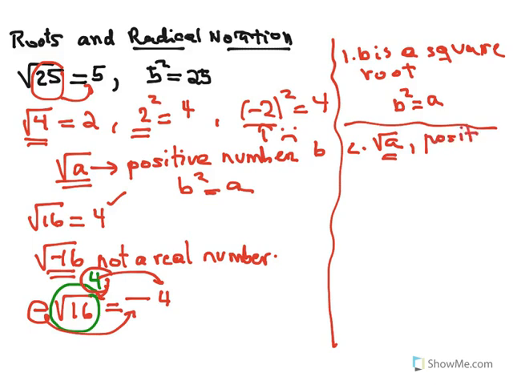Okay? It has to be positive. So the square root of a is positive, and the number a must be positive when we're talking about the square root.